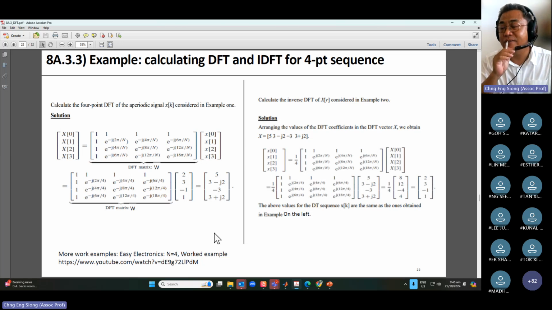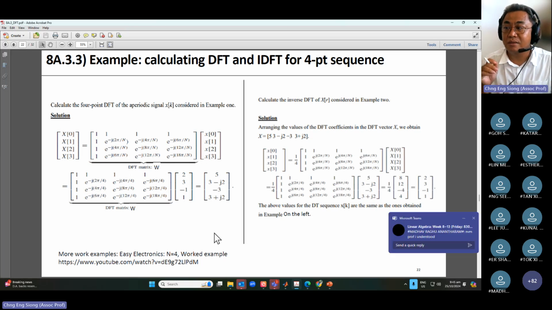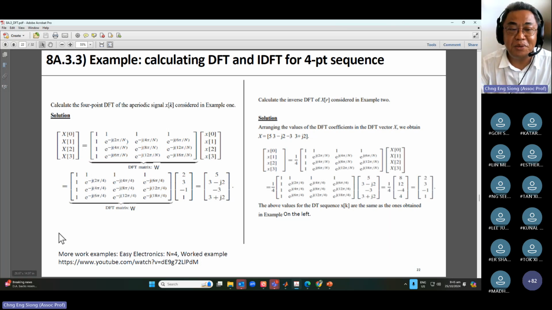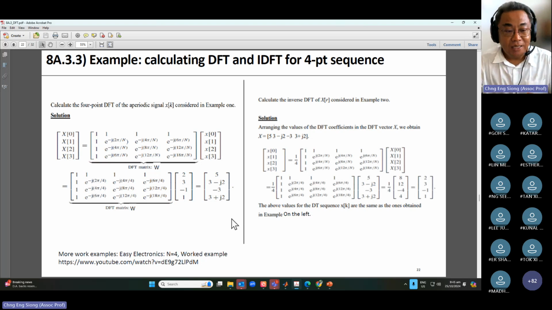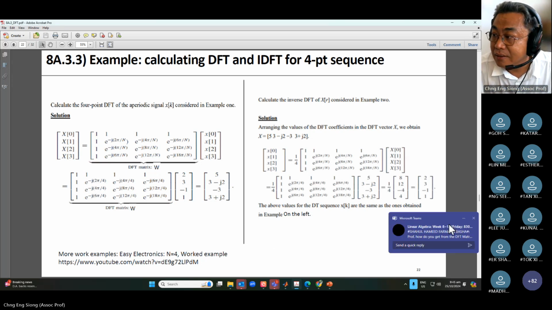I don't understand, Mahav. Okay. Maybe you will be thinking, yeah, I guess I understand what you're saying. How do you get from the DFT matrix and the small x to the final answer?